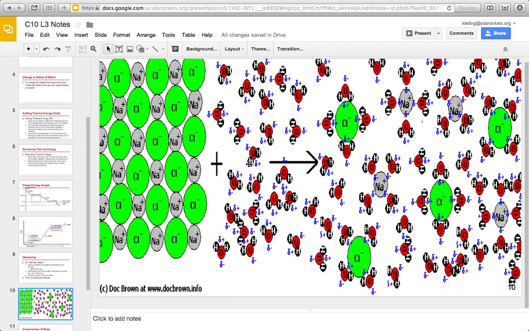So what they're saying here is if we add water to our NaCl, the water gets in between these molecules on this side, and it actually separates them. So we still have the same stuff, it's just not in the same form anymore. It's been broken down, which we talked about as a physical change.